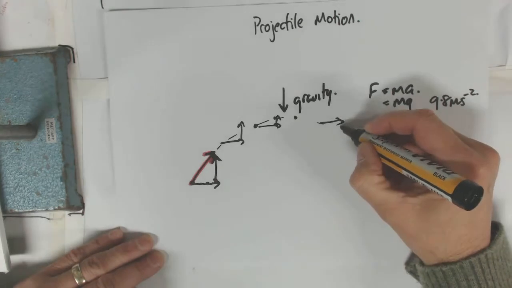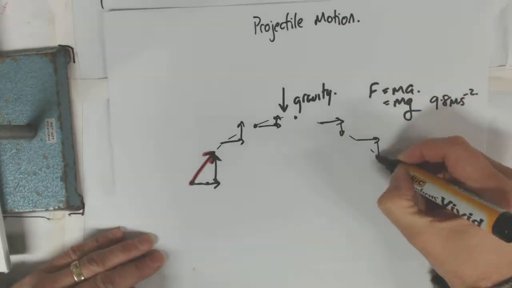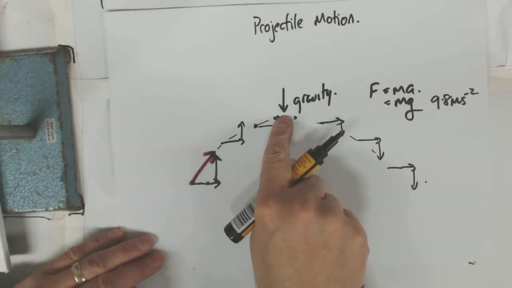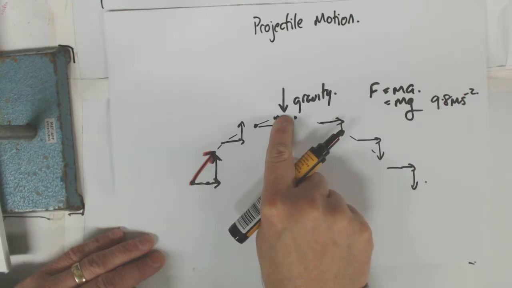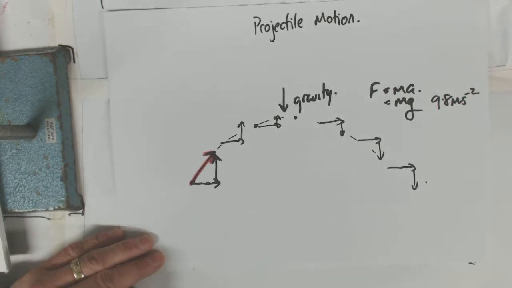And then it actually starts to be vertically down. So although the force never changed, and thus the acceleration never changed, the acceleration was always vertically down. What did change was the vertical velocity.